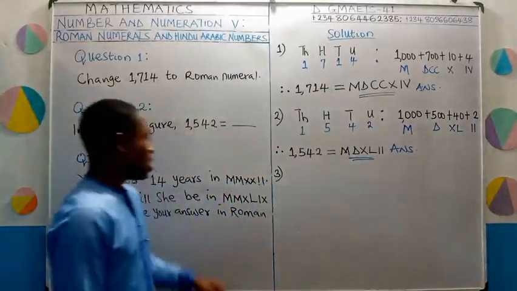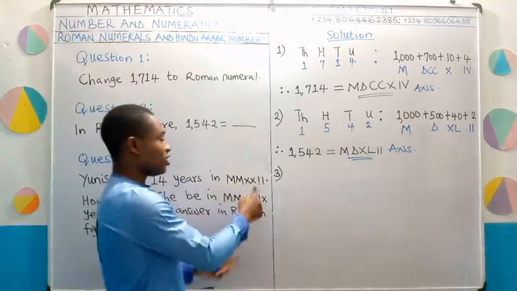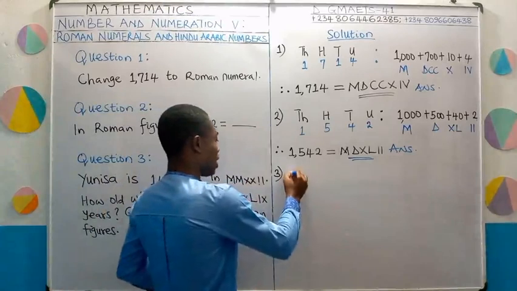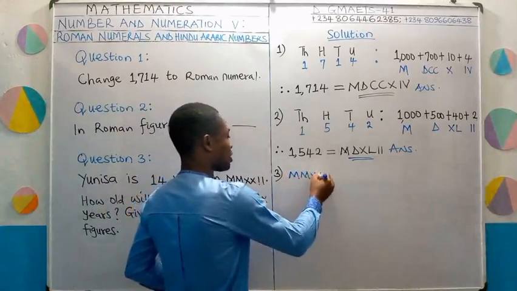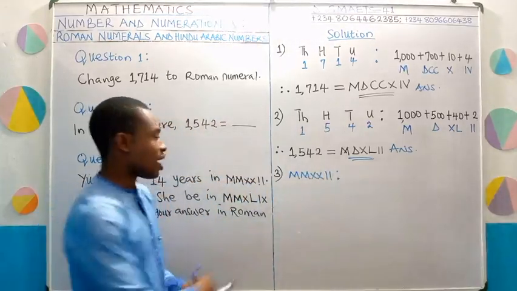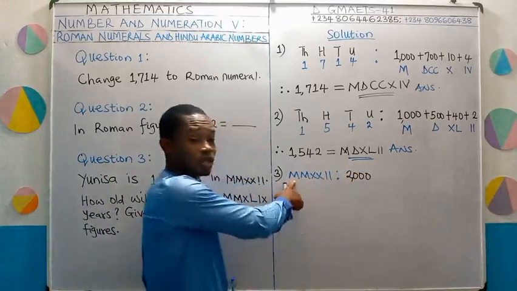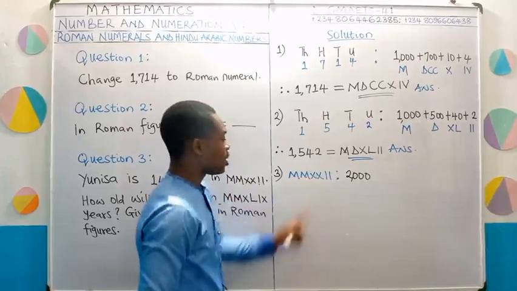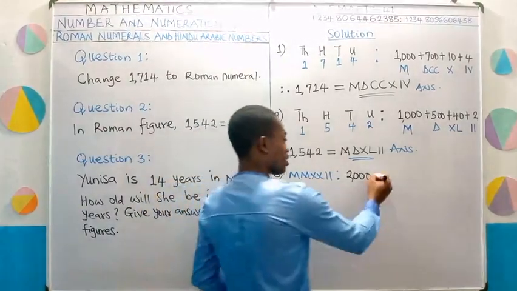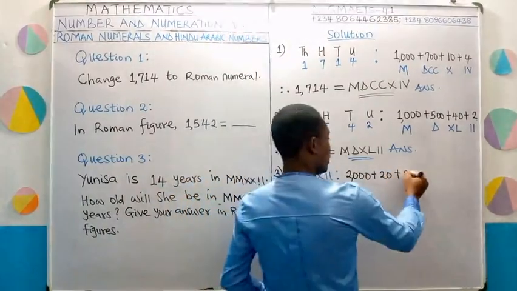It's simple. I'll come to this MMXXII. What year is this? I'll be fast in getting this. MM is 2000. We know that already, because M is 1000, another M is 1000. Then we have XX. XX is 20. And then plus II. II is 2.